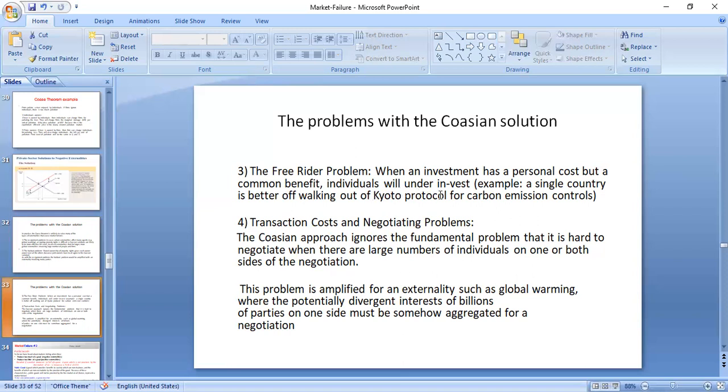You can read more about it, but it's basically a global convention aimed at reducing greenhouse gas emissions like carbon dioxide around the world, and countries subscribe to it and become members. So if a country refuses to subscribe and become a member, it will be polluting and it will not be accountable for its pollution.